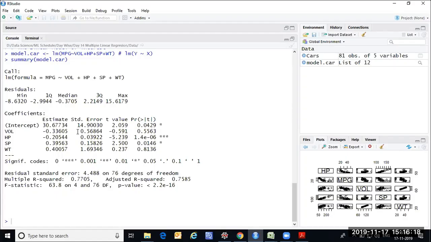The significance of each of the coefficients, right? Are all these variables' coefficients significant or not?